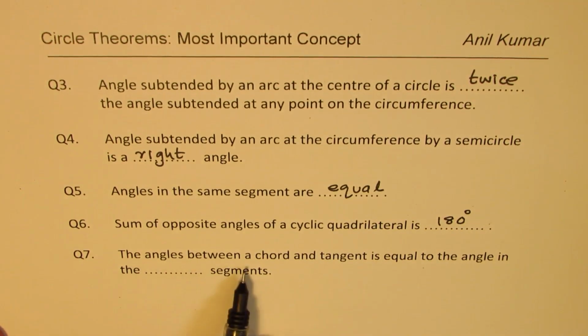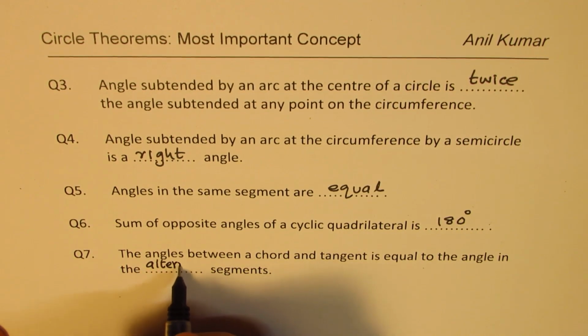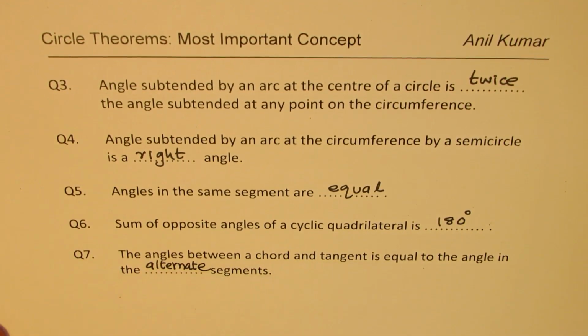Question 7, the angle between the chord and the tangent is equal to the angle in the alternate segment. Is that clear? So with this we wind up, and I hope you understand all the concepts related to circle theorems, and you are now in a position to answer any question based on it.